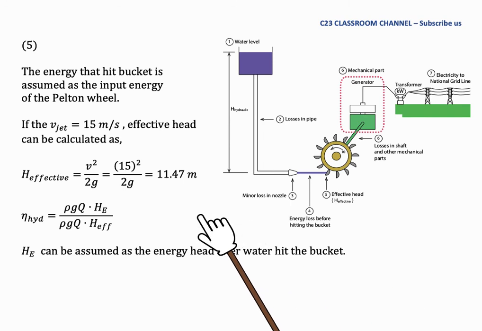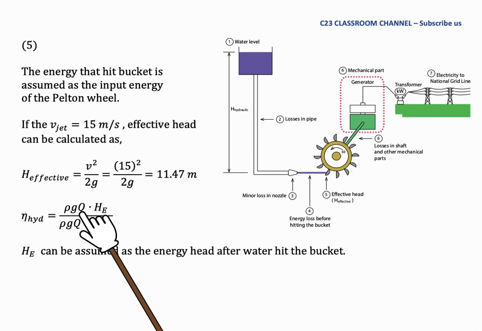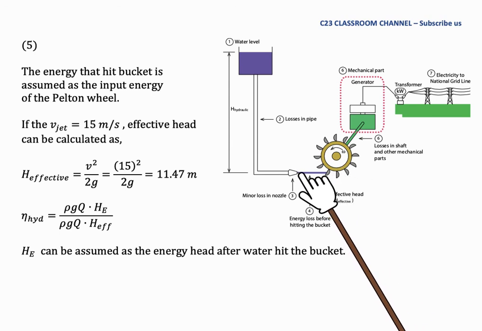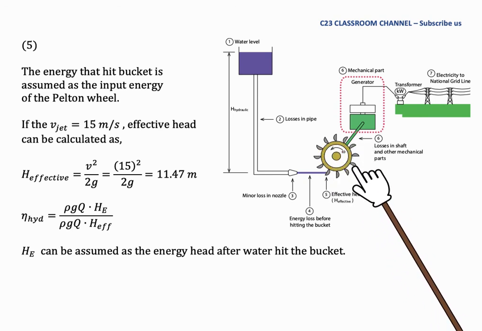And we can calculate the hydraulic efficiency as rho g Q Euler head divided by rho g Q effective head. The Euler head can be assumed as the energy head after the water hits the bucket. The water hits the bucket and becomes the effective head, the input power to rotate the Pelton wheel.